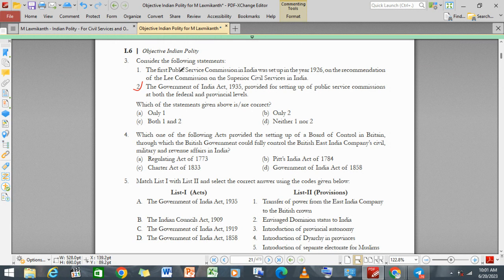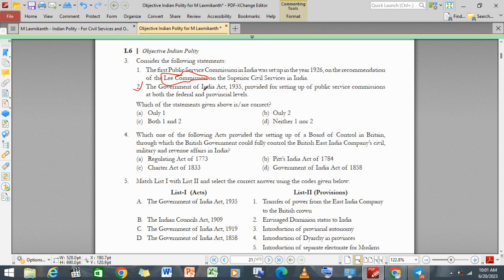All right, but I'm not sure about the first one, though, because I haven't heard about the Lee Commission. It is said that the first Public Service Commission was set up in 1926. It is quite correct. The first service commission was made around 1926.